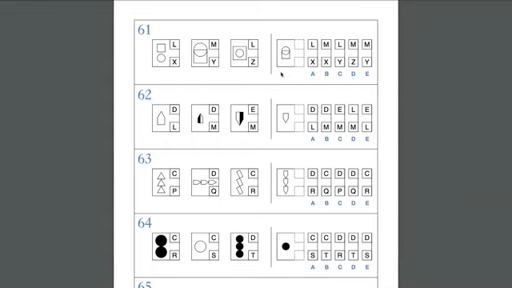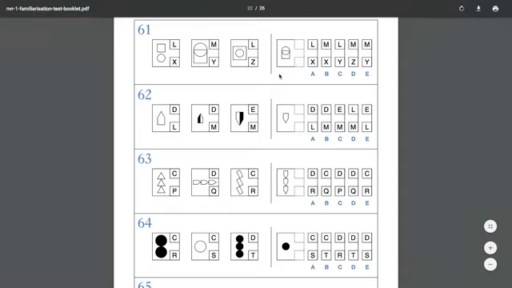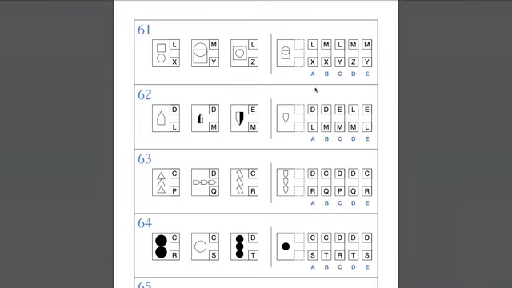Okay. So you need to find what the shape is. Mia, 61 is LX. Good.